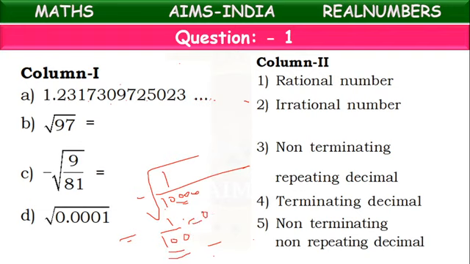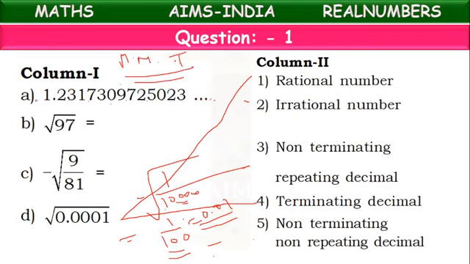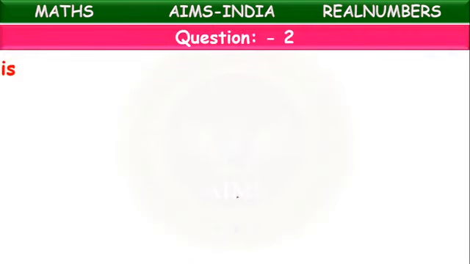So 1 by 100 means 0.01. So it is a rational number and a terminating decimal. Like this, you will have matrix matching type questions where one question can have multiple answers. Next.